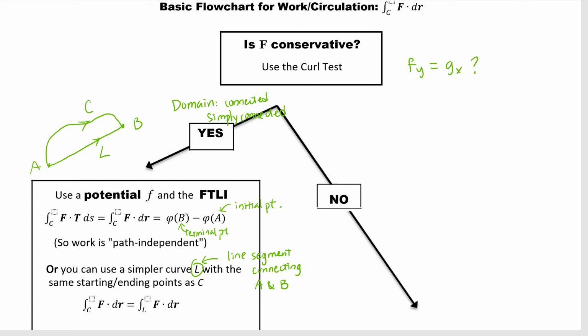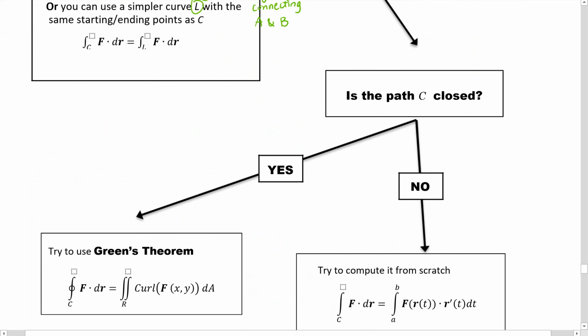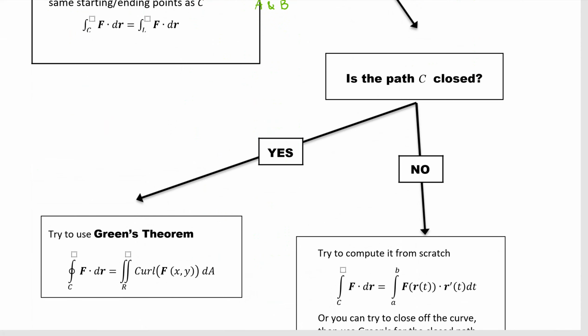Okay, what happens if it's not a conservative vector field? If it is not, then first we ask, is the path closed? Well, if it's closed, great. We can use Green's theorem. So Green's theorem tells us that if C is closed, right?